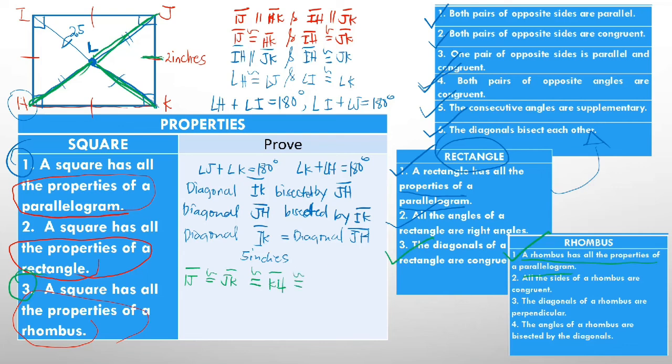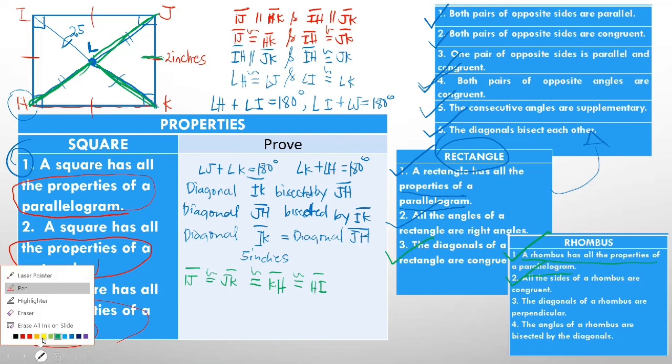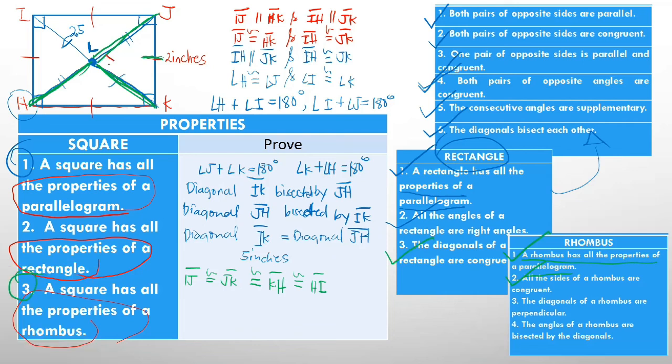So, ibig sabihin, they are all congruent sides. Okay? Next is number 3, properties ng rhombus. The diagonals of a rhombus are perpendicular. So, ibig sabihin sa square natin, yung diagonal ng square natin is also perpendicular, which is creating a right angle. So, ibig sabihin, this one is a right angle, measures 90 degrees, 90 degrees, 90 degrees, and also 90 degrees. Therefore, it is a perpendicular line.